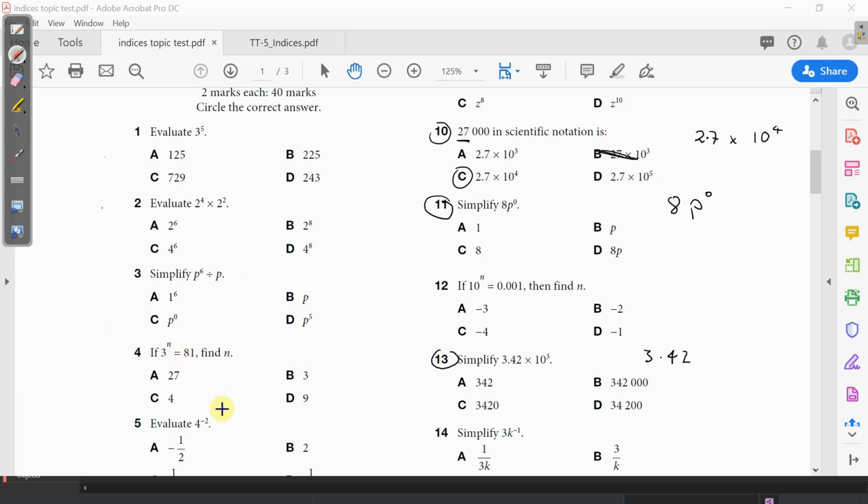Let's have a look down here. The negative indices, okay. 4 to the negative 2. Now that means we're going to have 1 over 4 squared.